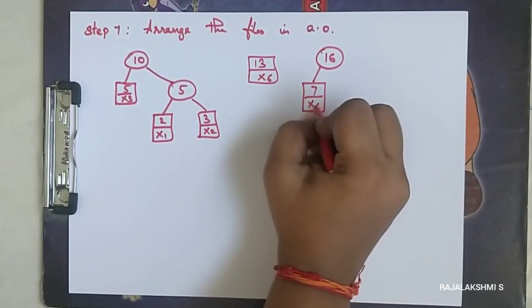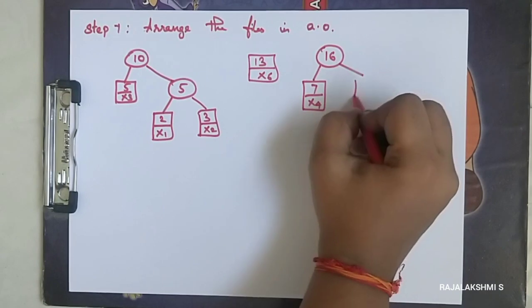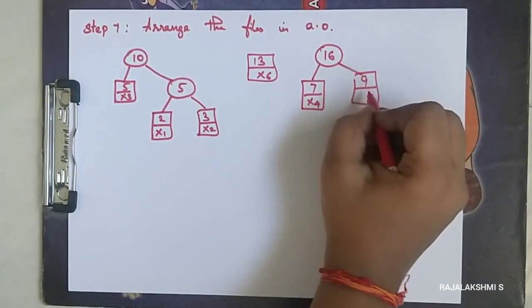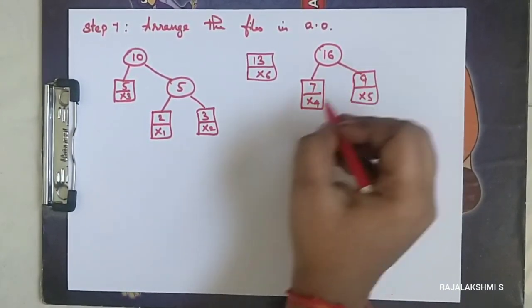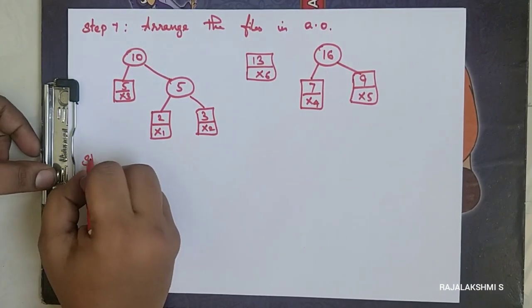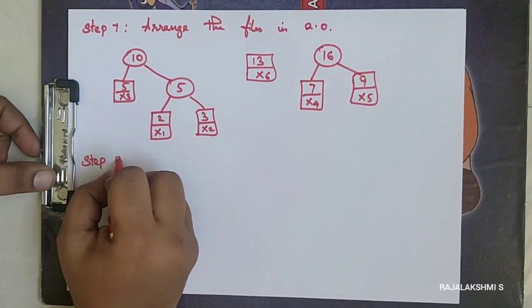So 7 x4, 9 x5, right? So now combine the two files of minimum size.